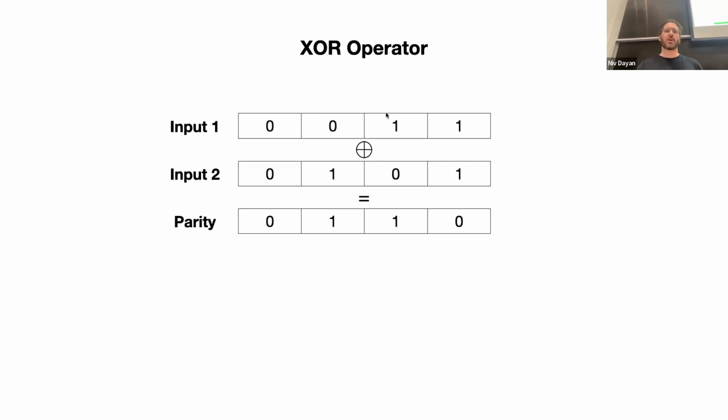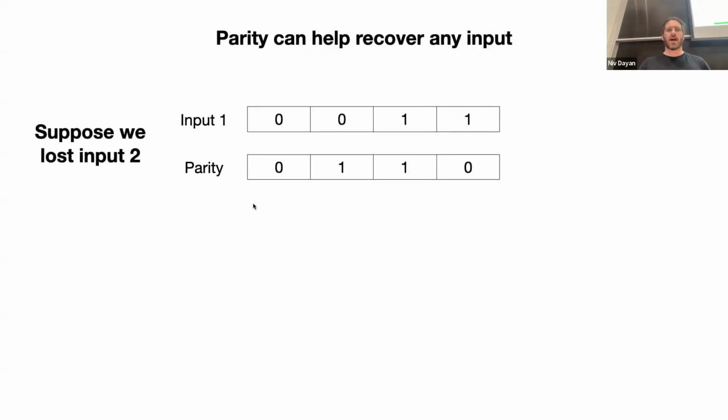Here's the XOR operator, just to remind you. The XOR operator takes 2 different strings of bits and combines them. What does that mean? It means that if both bits on top of each other are 1s, you get a 0. If one of them is a 1 but the other one is a 0, you get a 1. And if both of them are 0s, you get a 0. Okay? Why is XOR helpful?